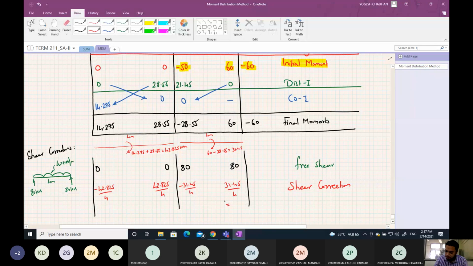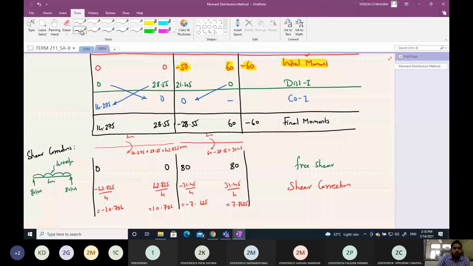So this value will be 7.8625. This will be minus 7.8625. This will be 42.825 divided by 4, so it will be 10.706, and this will be equal to minus 10.706.